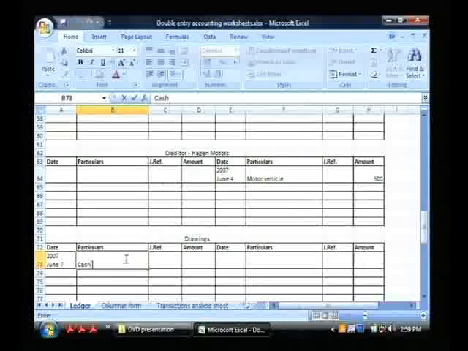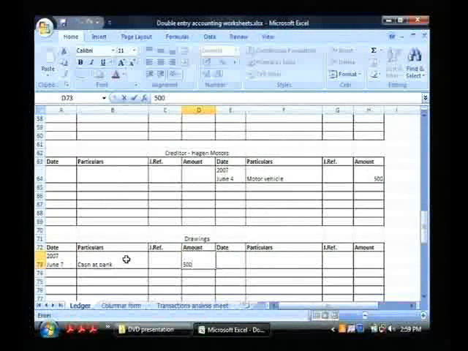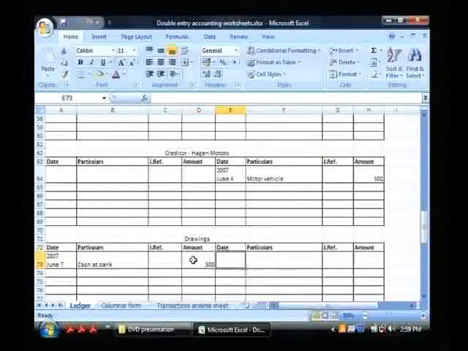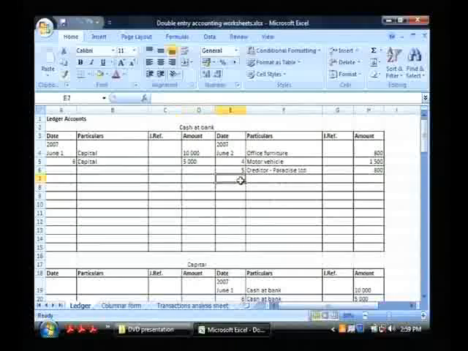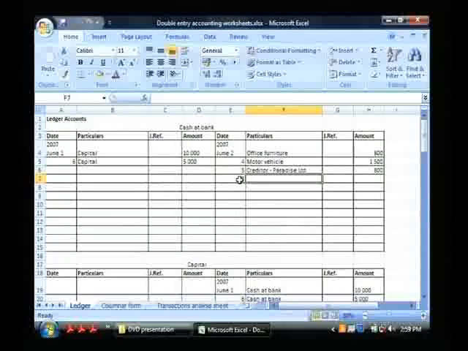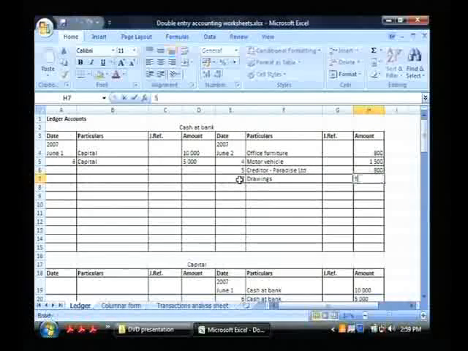Therefore, the title of the corresponding account is cash at bank, amount 500. Now move on to the cash at bank account. Here it is 7th, drawings 500.